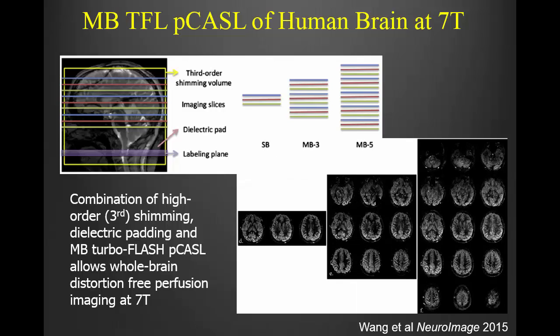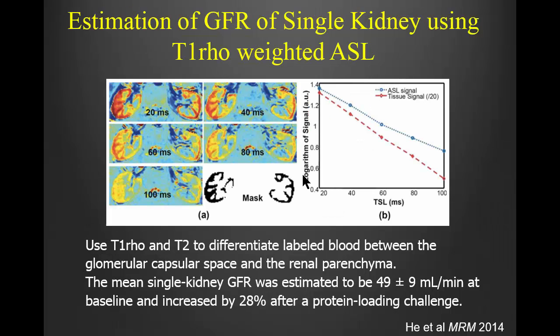This shows that with multi-band factors of 3 and 5, you get a whole-brain quantitative ASL map at 7 Tesla. We have a power pitch Tuesday morning as well.